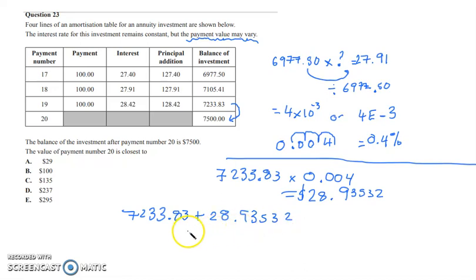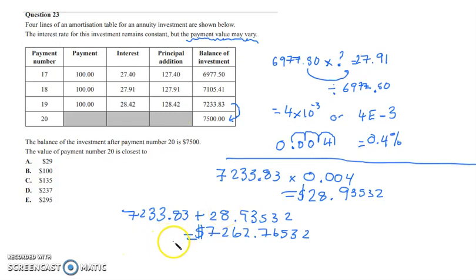If we add that together, we get the value of 7262.76532, so $7,262.77 effectively. Now that's not quite $7,500 yet. The difference between this and the $7,500 is that extra payment we make.